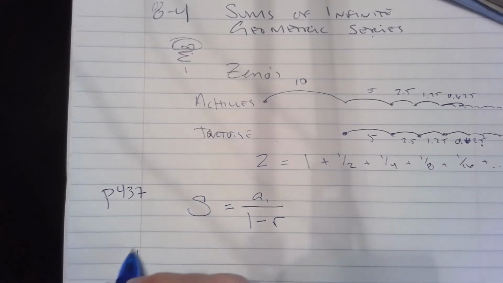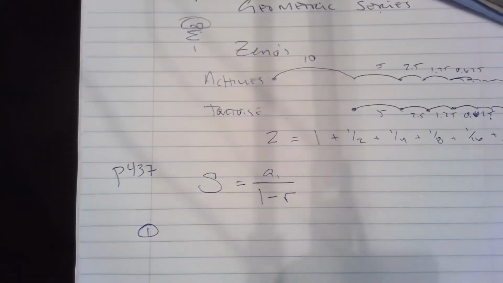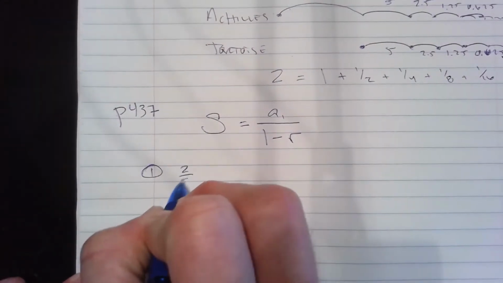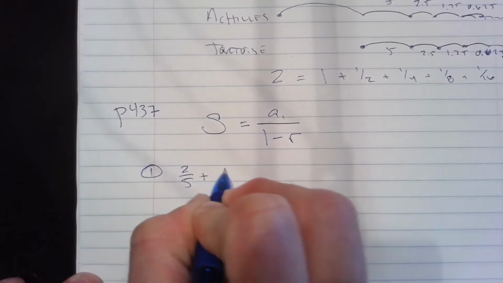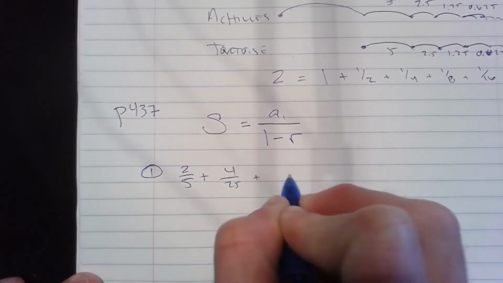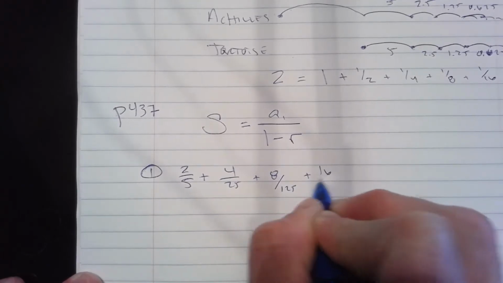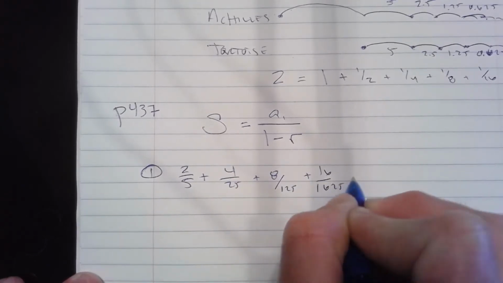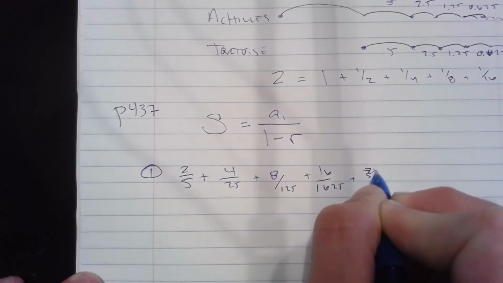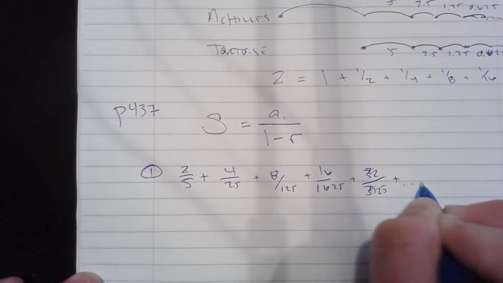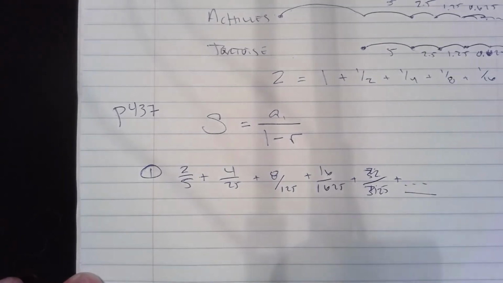So let's take a look at number 1 at the bottom of page 437. This is an infinite geometric series because it has a common ratio, which we're going to have to find. And at the end of it, you notice that we have the ellipsis.